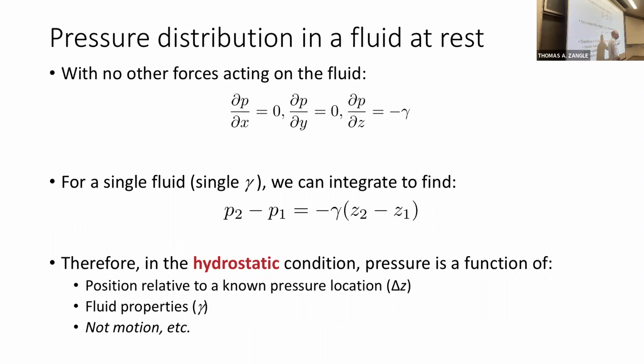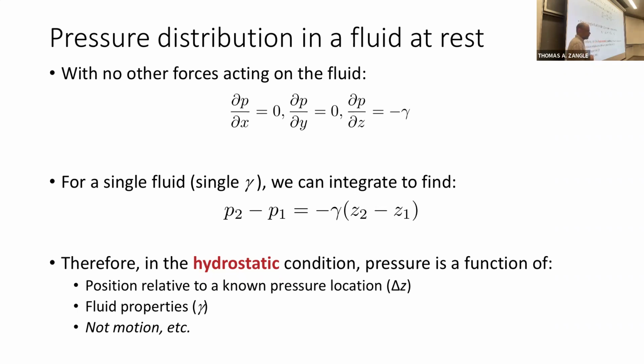So if we know the pressure at some location, all we have to know is the delta Z, the change in height, between that known location and whatever other location we're trying to solve for pressure at. X and Y don't factor into this. dP/dx and dP/dy are equal to 0. So X and Y are not really going to matter.